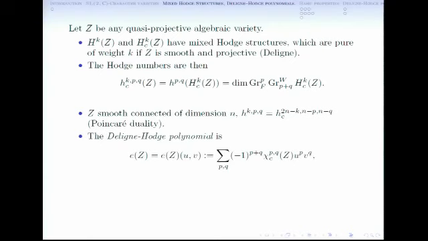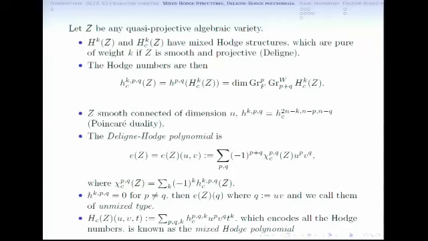So the Deligne-Hodge polynomial we are going to compute is the following one. It's given by this Euler characteristic, which is the alternating sum of the mixed Hodge numbers. When the numbers for p different than q are 0, then the Deligne-Hodge polynomial only depends on the product of u by v.